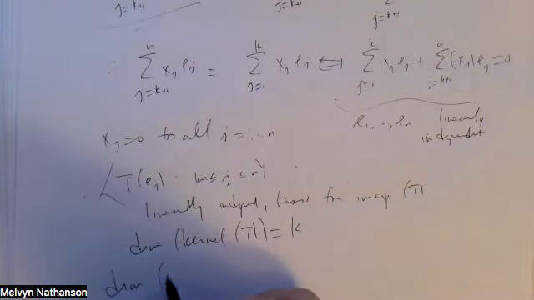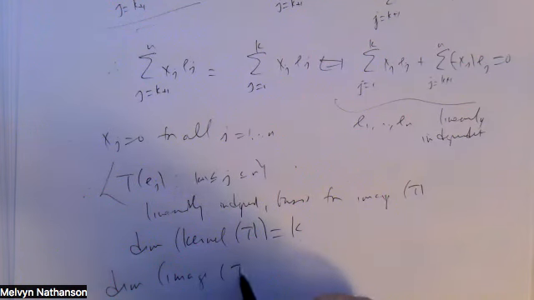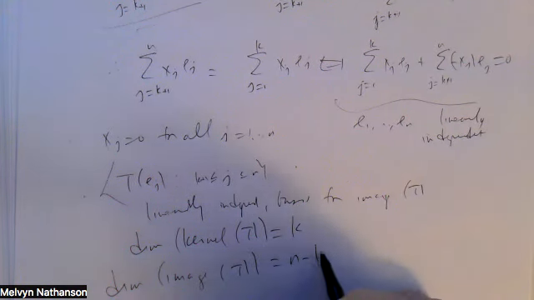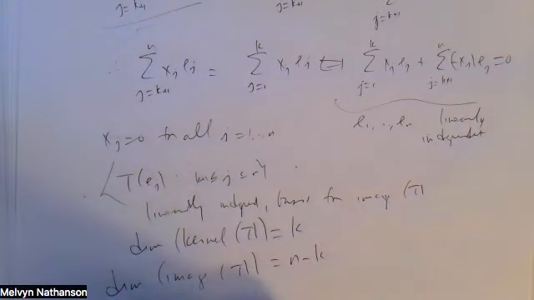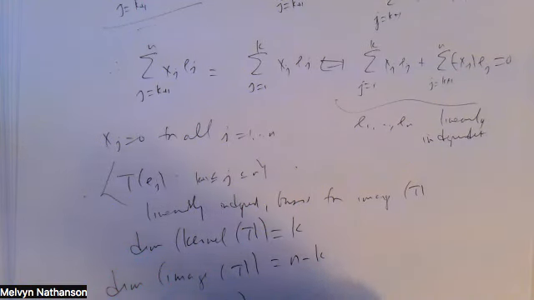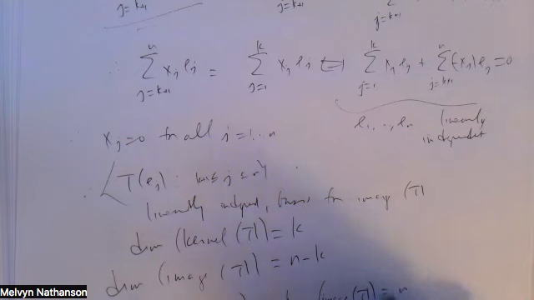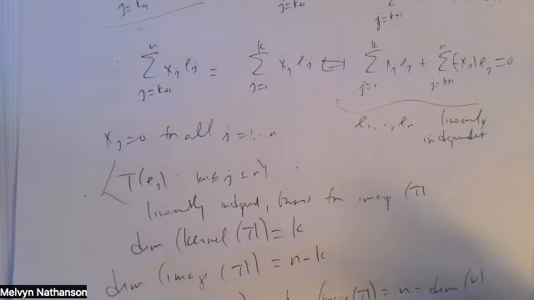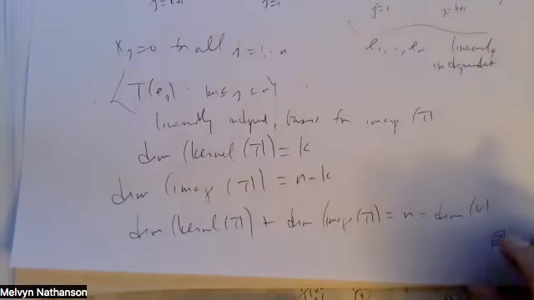The dimension of the image of T is n minus k. So if we add the dimension of the kernel of T plus the dimension of the image of T, it is equal to n, since k minus k cancel, which is the dimension of V. And that is the proof.